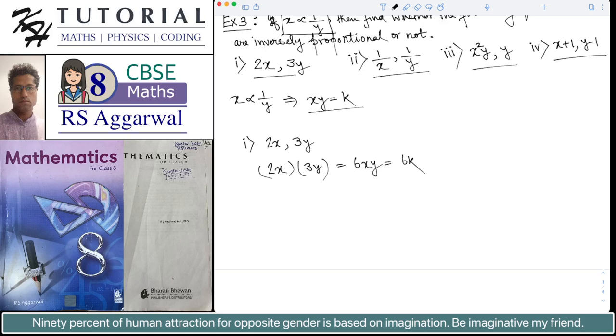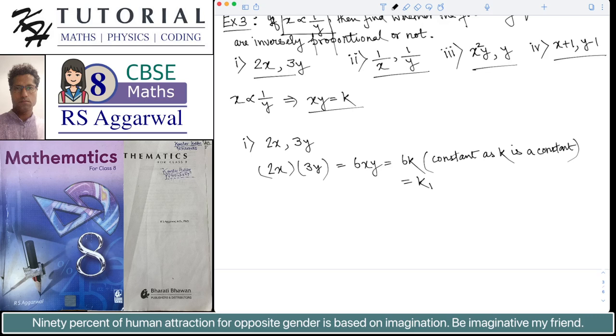Now 6k is a constant, as k is a constant. k is the constant of variation for the quantities x and y, so 6k obviously must also be a constant. It is a different constant. You can consider 6k to be k1.